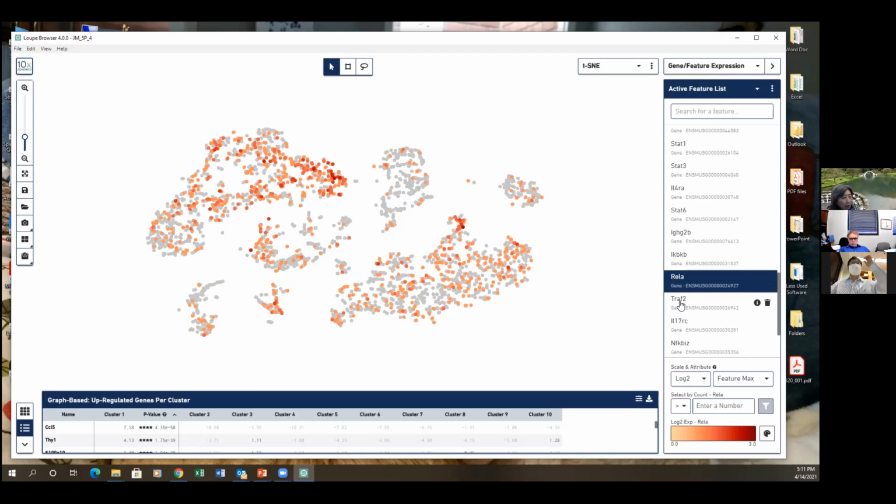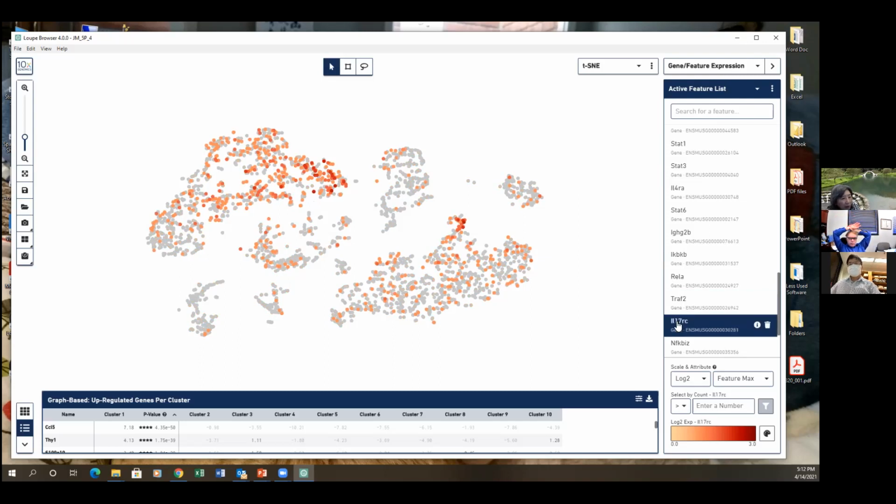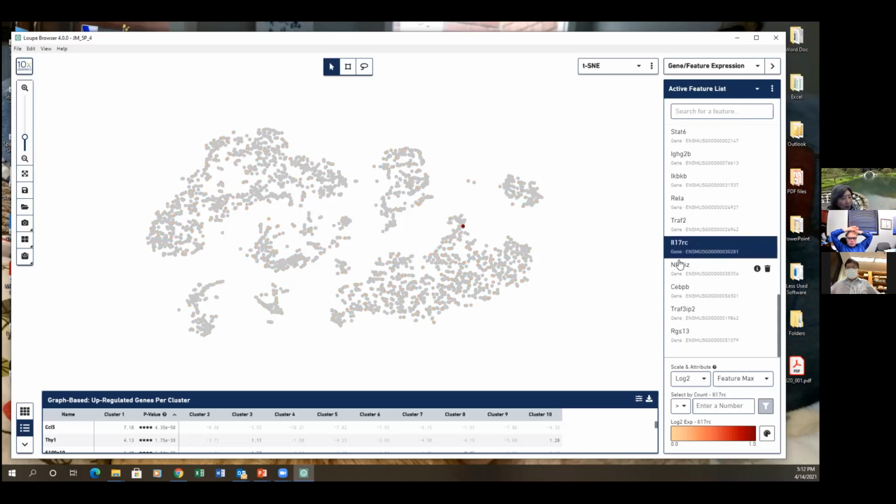Now the next whole series is genes heavily associated with IL-17 receptor signaling. TRAF2A is consistent with the IL-17 receptor expression. It's really low in that lower left corner. This is IL-17RC, unfortunately not detected. This is NF-kappa BIZ, not highly expressed, but it's the same area as IL-17 receptor.